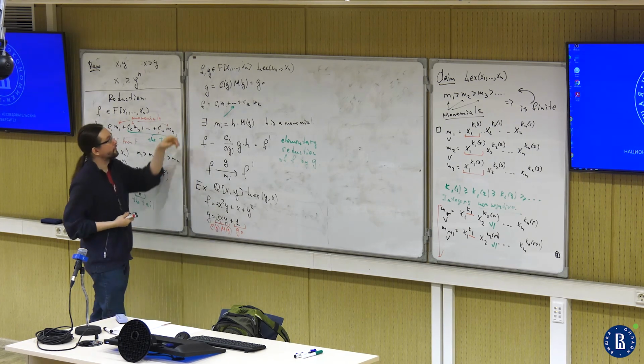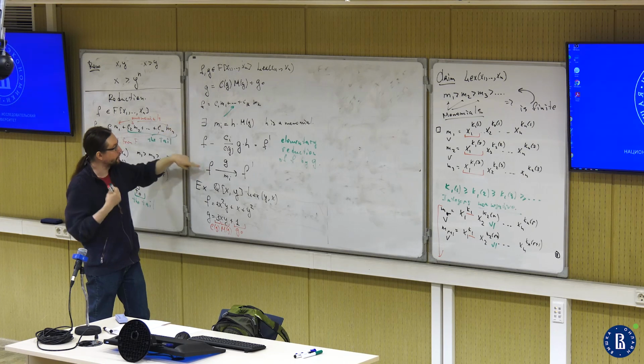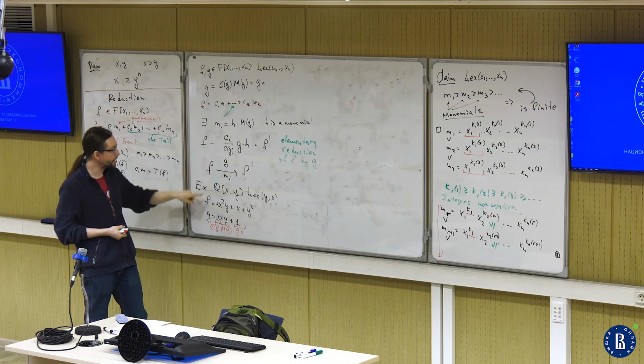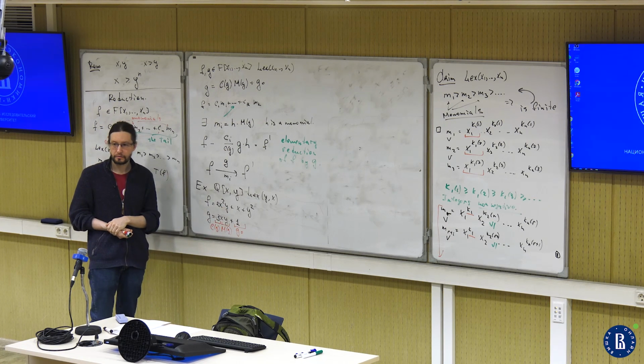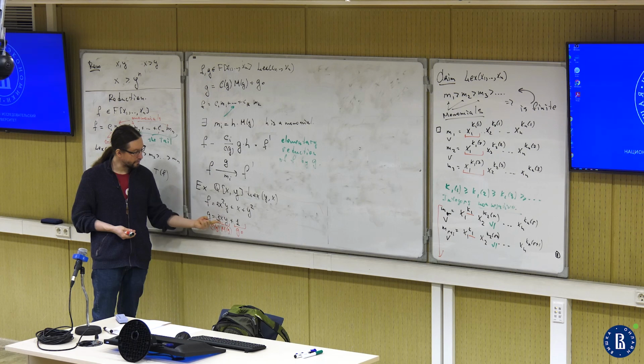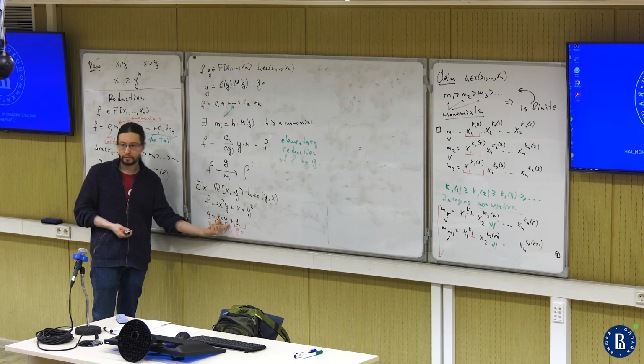Now, in order to make an elementary reduction, I need to find a monomial of f which is divisible by the highest monomial of g. Do we have such a monomial here? Okay, is this monomial divisible by this one? Yes, because we can represent this thing as this guy times x.